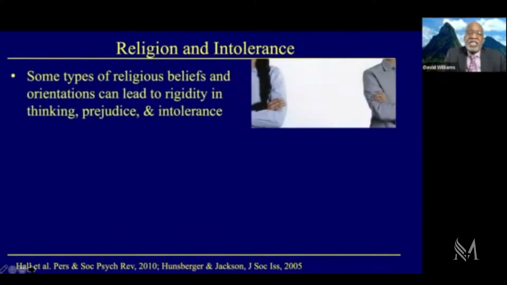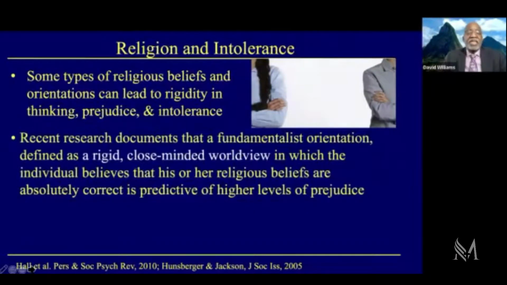More recent studies have looked at religion and intolerance. And what they find is that some types of religious beliefs and orientations lead to a certain rigidity in thinking, prejudice, and intolerance. Again, I'm just reporting the studies.